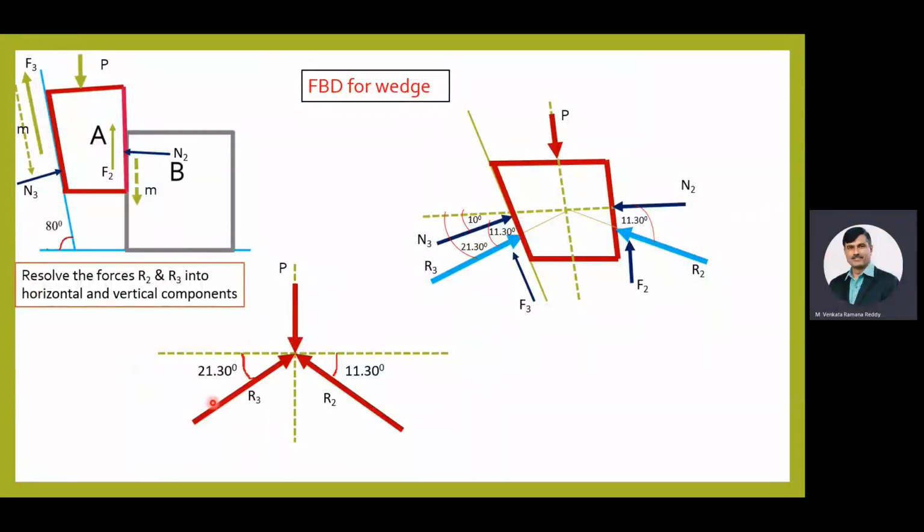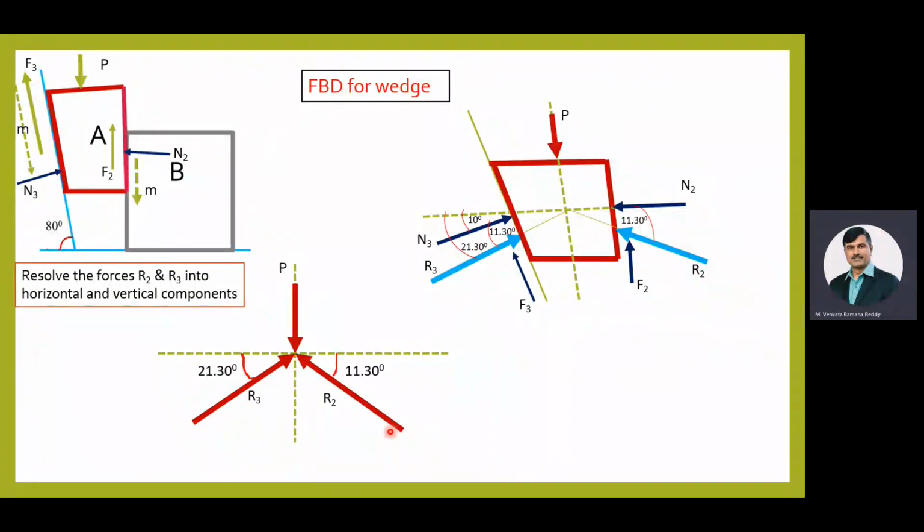Resolve resultant force R3 as well as R2 into their horizontal as well as vertical components. For R3, the horizontal component value is R3 cos 21.30 degrees and vertical component value is R3 sin 21.30 degrees.